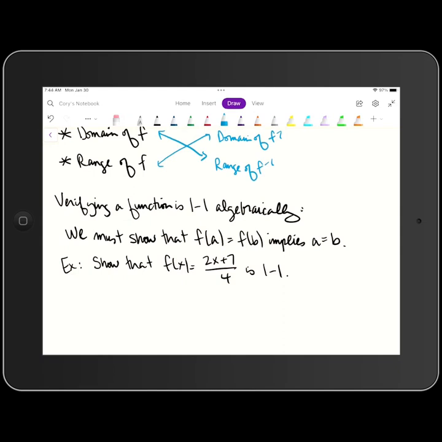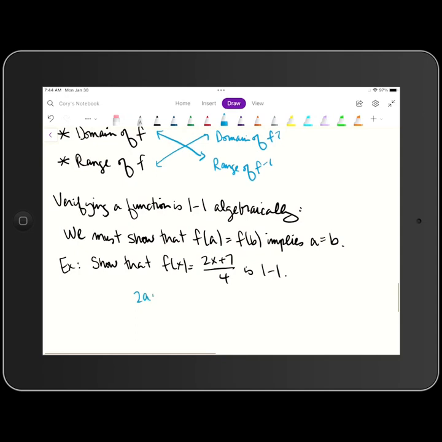We're going to start with that equation. So f of a is going to be 2a plus 7 divided by 4. We're going to set that equal to f of b, which is 2b plus 7 divided by 4. And then we're going to algebraically manipulate this equation and see if we can get a is equal to b.